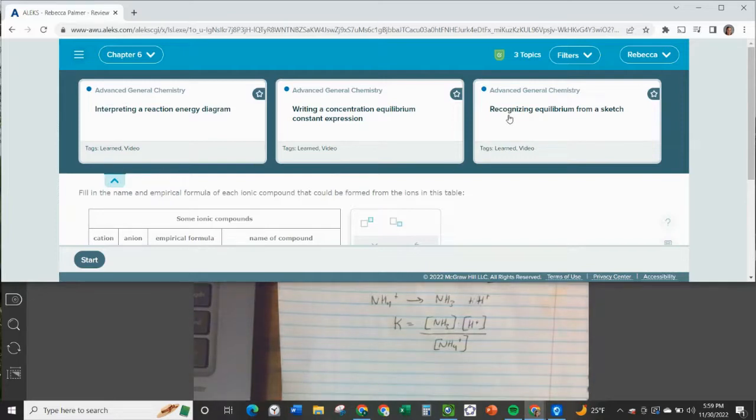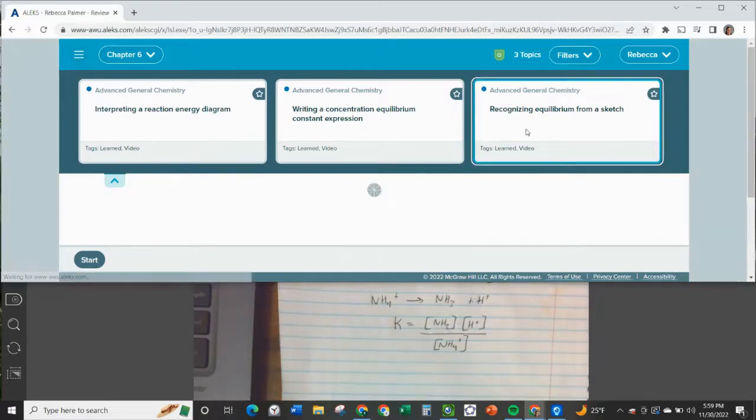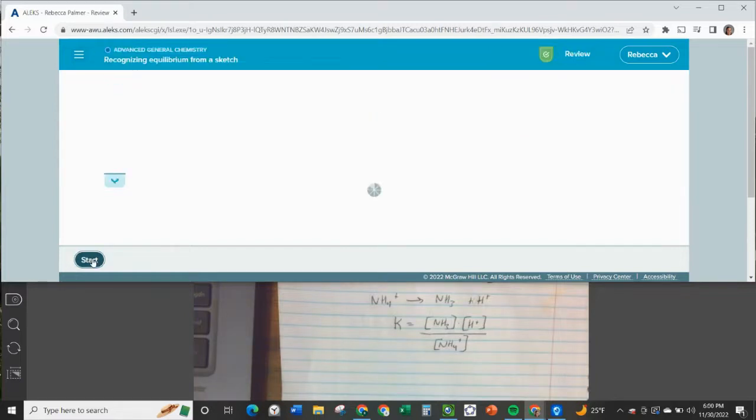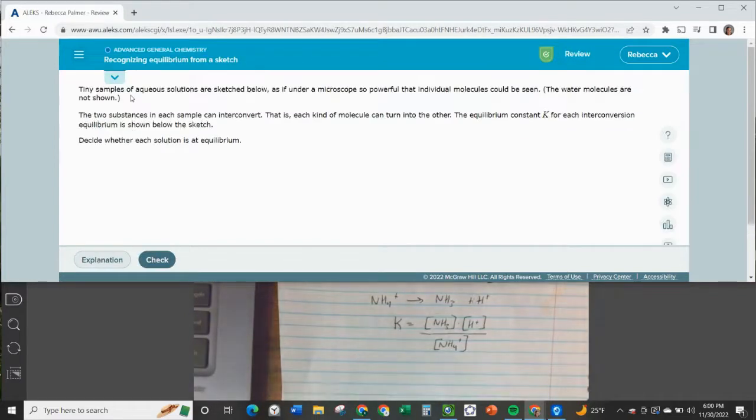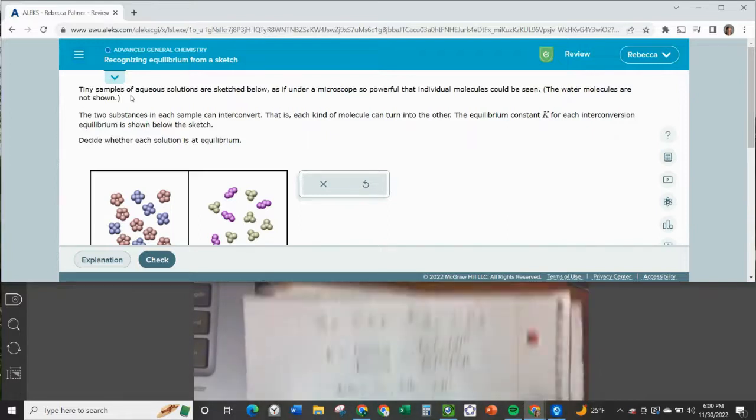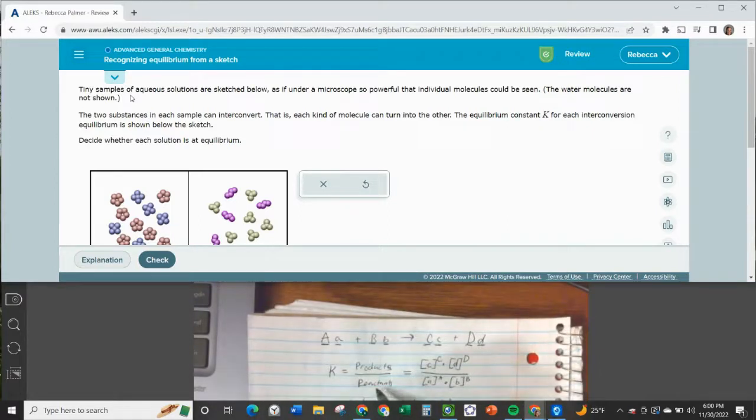All right, so we are going to look at this one, recognizing equilibrium from a sketch. So this one, we are still going to use this products over reactants.